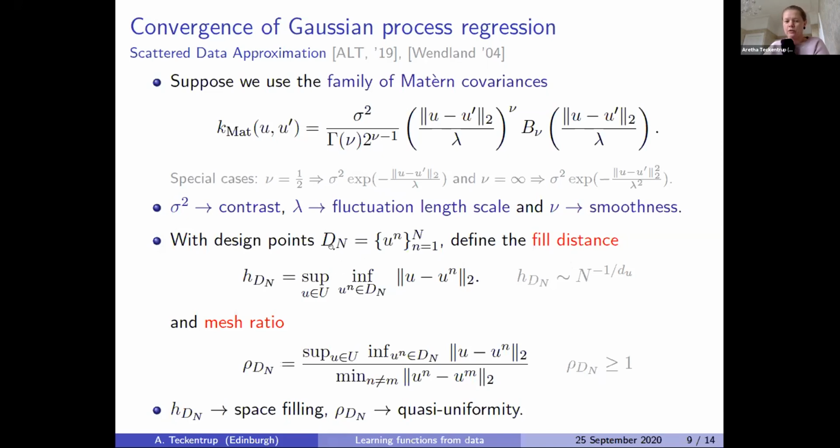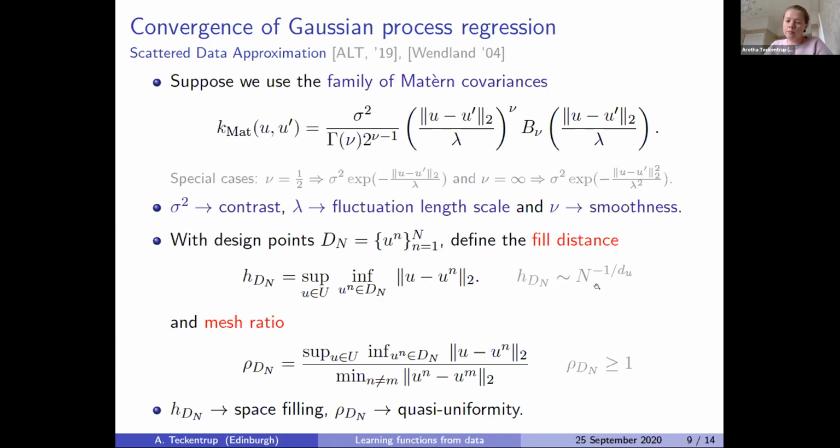So you have your design points Dn, so these were the points where we had our function values. And if they are very well spread, so if they cover your domain U quite well, then the H is going to be quite small. Whereas if you have big gaps somewhere, then the H is going to be quite large. Right? So you're taking the maximum distance that any point U can be away from any of the design points.